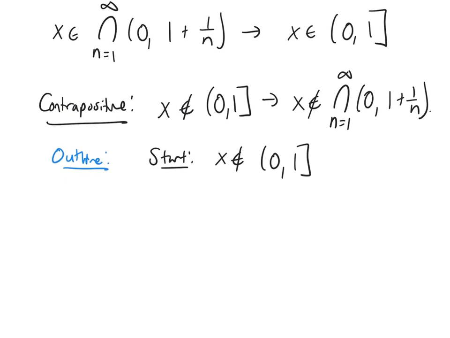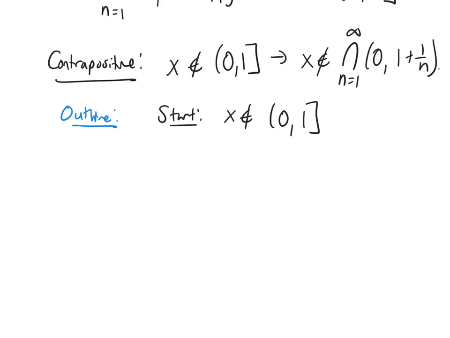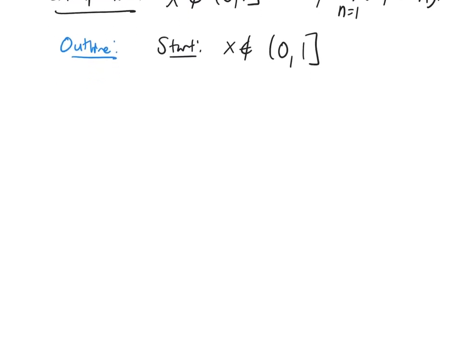What does it mean to not be in that interval? Well, either it's less than or equal to 0, or, oh, I'm kind of jumping the gun here. Before we do this, let's write down our conclusion. What do I need to conclude the end of my proof?